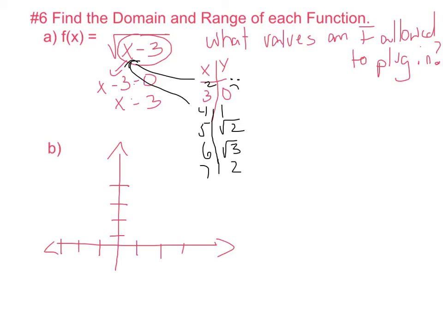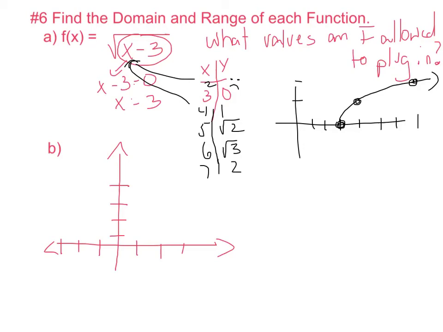Alright, what I would suggest doing is a little sketch here of all these points. 3 gave us 0, 4 gave us 1, 5 was kind of nasty, 6 was kind of nasty, 7 gave us 2. There you go, that's what a square root graph looks like.